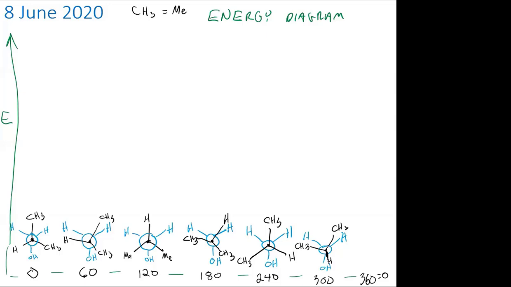One key thing to remember with these energy diagrams is that in terms of the energy levels, eclipsed is always going to be greater in energy, or less stable, than staggered. So every eclipsed picture should be higher in energy than the staggered pictures.